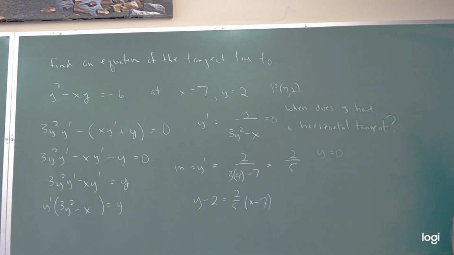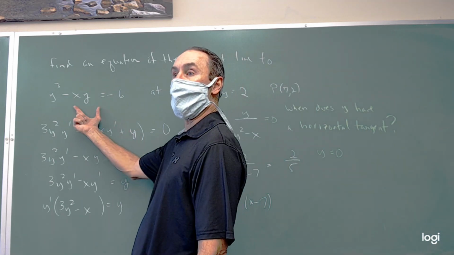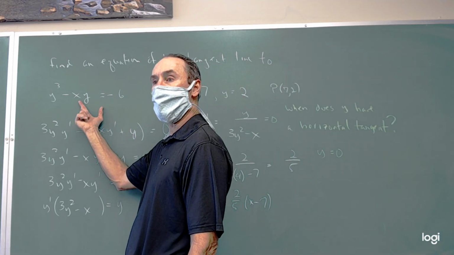Now, that's part of a point, right? That's the y coordinate of maybe a point. How are we going to find its x coordinate? Plug it into the original, yeah, because points are going to come from the original. If we plug in 0 for y, what do we get?